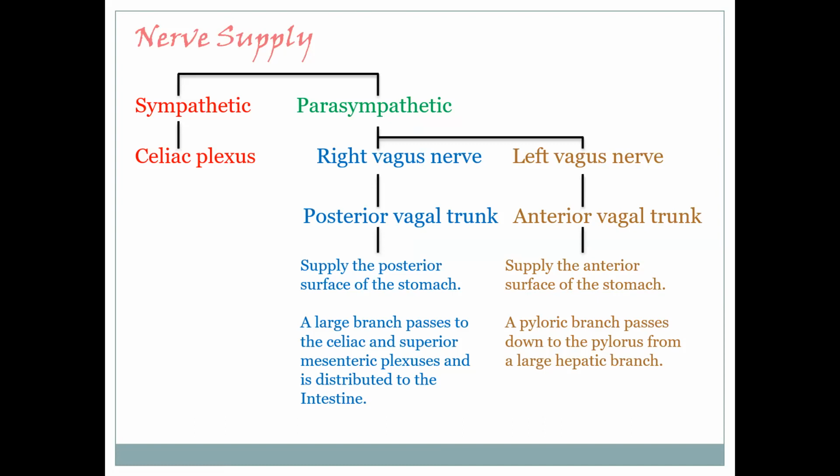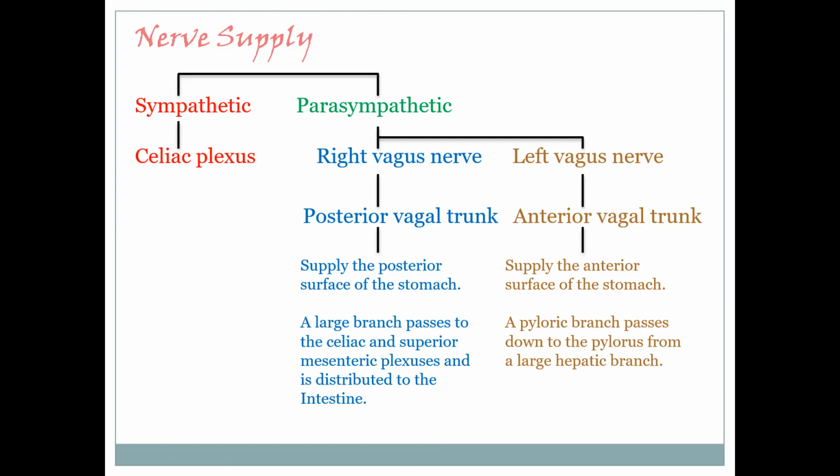The right vagus nerve gives the posterior vagal trunk, so it supplies the posterior surface of the stomach. A large branch from the posterior vagus passes to the celiac and superior mesenteric plexus and is distributed to the intestine also. The left vagus nerve is the anterior vagal trunk.